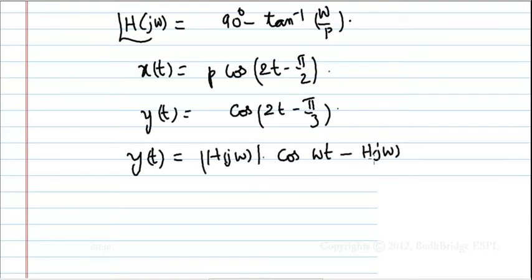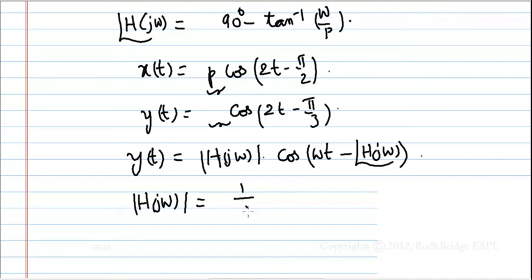As shown, y(t) will be the amplitude of H(jω) times the input, which is a cosinusoidal of the same frequency but with the phase modified by the given transfer function. Now we can clearly see that the output amplitude is 1 and the input amplitude is p. So |H(jω)| is output amplitude by input amplitude, which is 1/p.